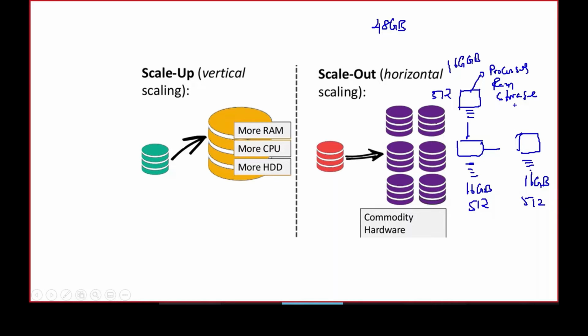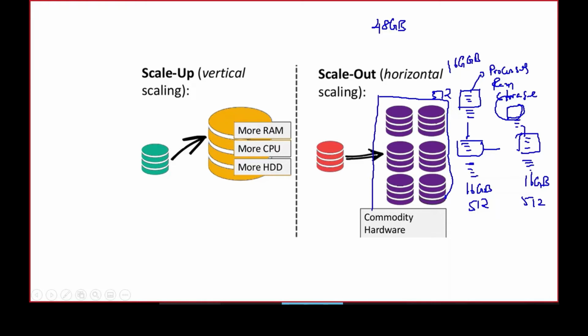So if you want to enhance it further, you don't need to think too much. Just add one more system with the same capacity. So obviously what happens is 48 becomes 64 and the storage will become 2048. So you can keep on increasing the capacity by adding commodity hardware and interconnecting the systems, and all of these systems will work for the same purpose, maybe offering a database service or offering an application service, whatever.